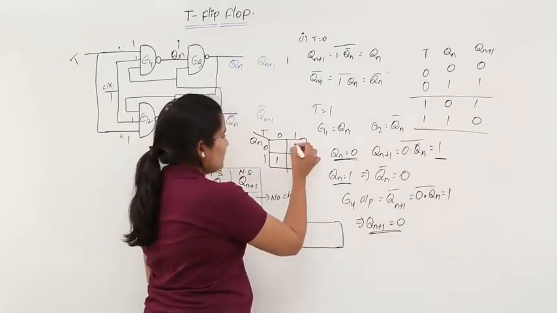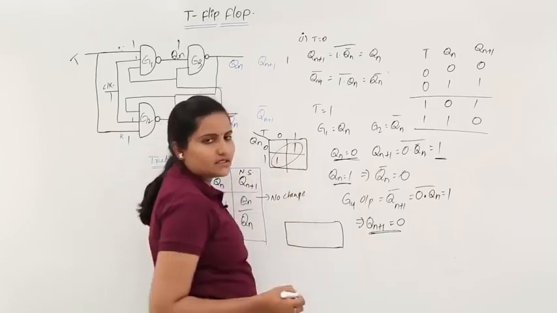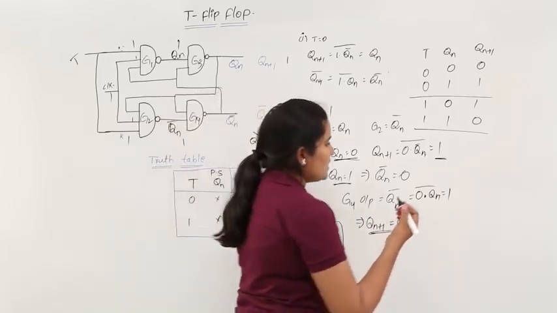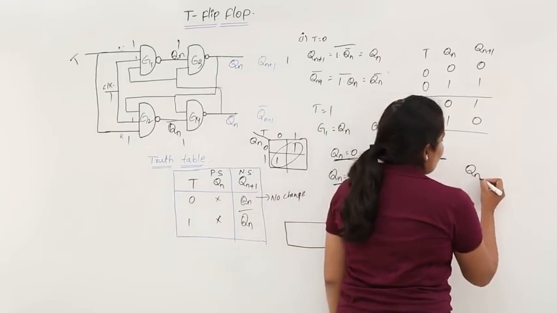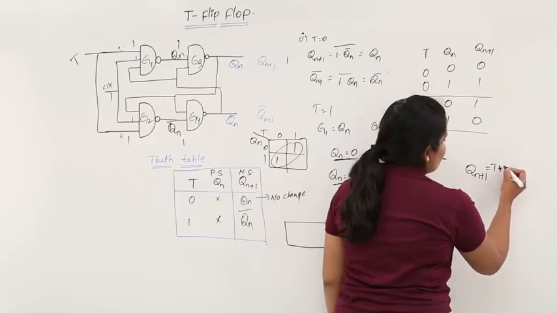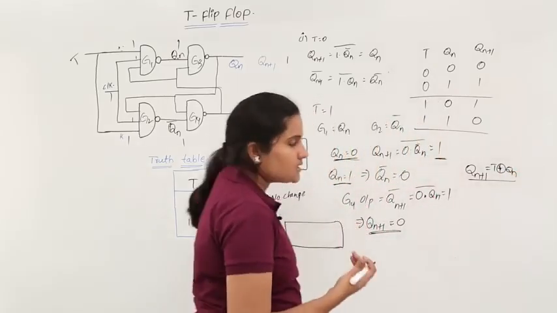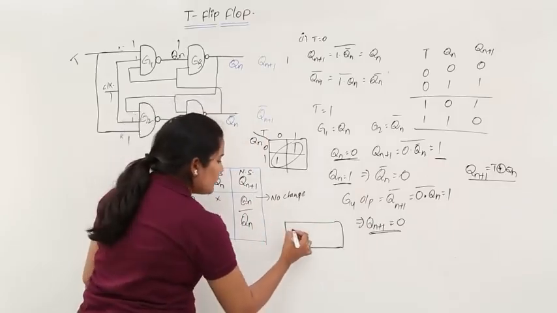That means you can say diagonal adjacency is there. So, you can say Qn plus 1 for a T flip flop is equivalent to T XOR Qn. So, T XOR Qn is your output equation.